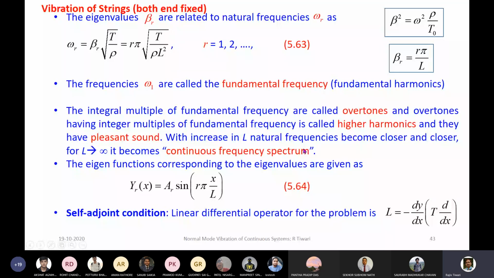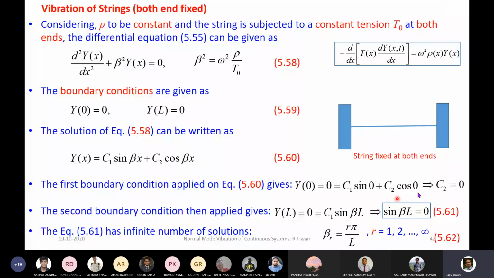This is the natural frequency expression, and we saw the overtone behavior of the frequency. This is the eigenfunction which we obtained after applying the boundary condition. We got C2 equal to 0. So if we put C2 equal to 0, we'll get the sine function only.